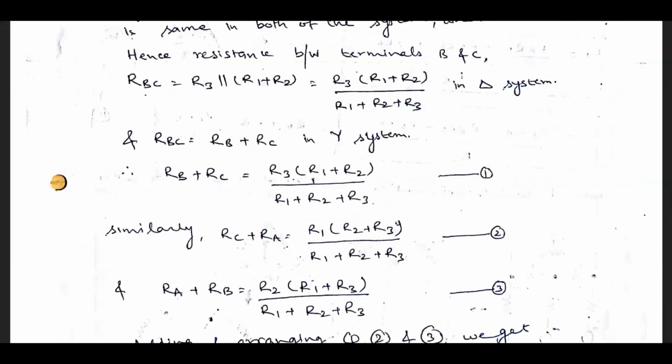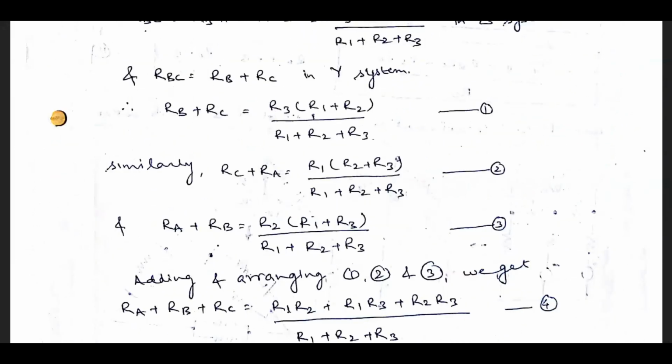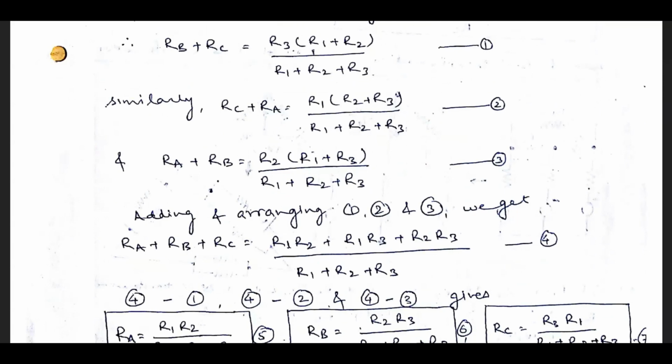We will equate these and name this equation as equation number 1. Okay. Similarly, we can take the B vertex out of the delta and the C vertex out of the delta and perform similar combinations and get equations number 2 and 3. Okay.